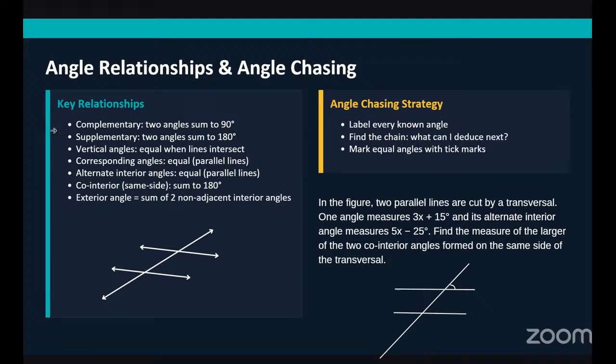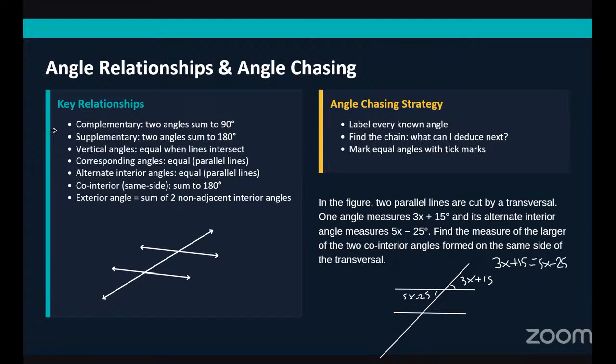Let's say this angle is 3x plus 15. And like we said before, its alternate angle would be 5x minus 25. Because they're alternate interior angles, they'd be equal to each other. So we set up this equation and then we can just solve from here.